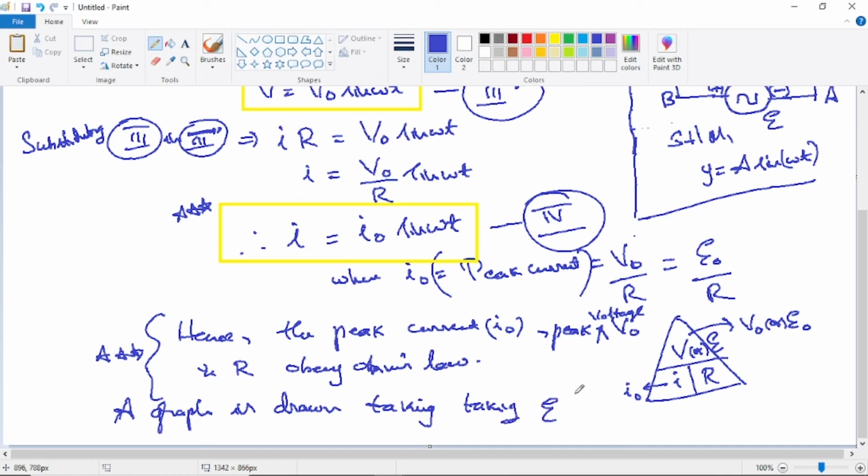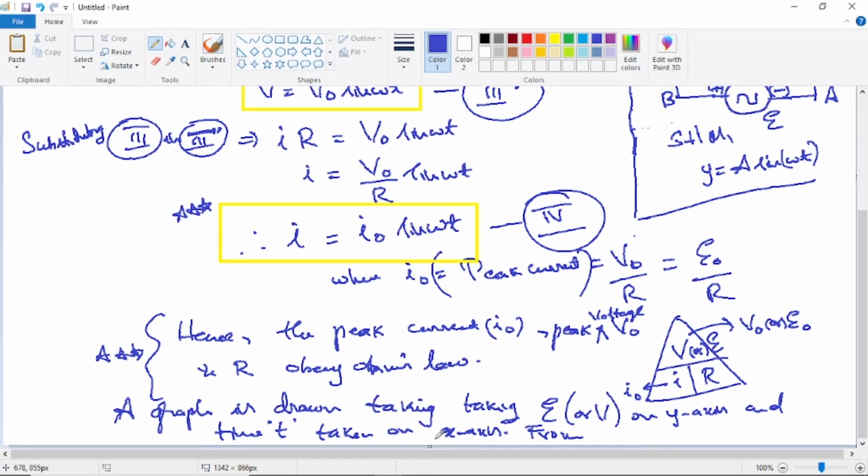Taking EMF or voltage on the y-axis and time t taken on the x-axis. Not much explanation is required here because the entire explanation has already come previously in the AC generator itself. Here again it's not required, just indicate that a graph is drawn. It is as shown, all those details are not required.